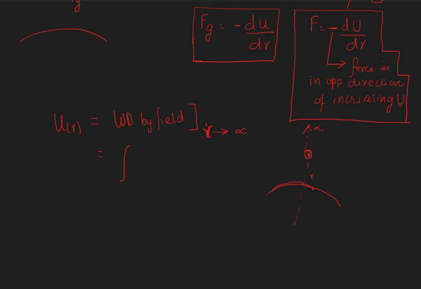Mathematically you can write it as the integral from r to infinity of F dot dr. Or in very general terms, you can write from r to the zero reference, for any conservative force, F dot dr. So that's your U of r.